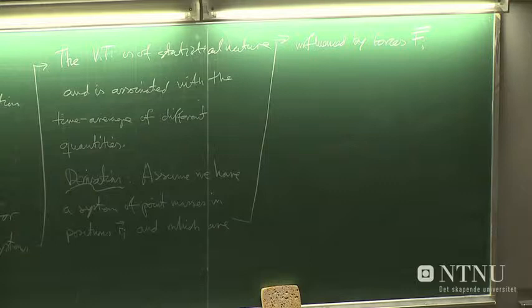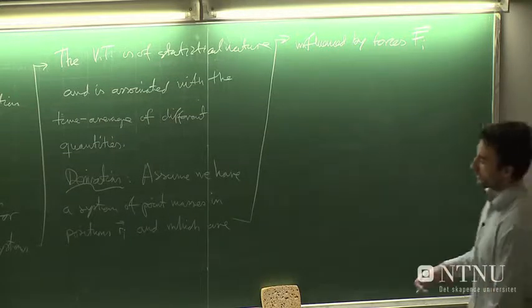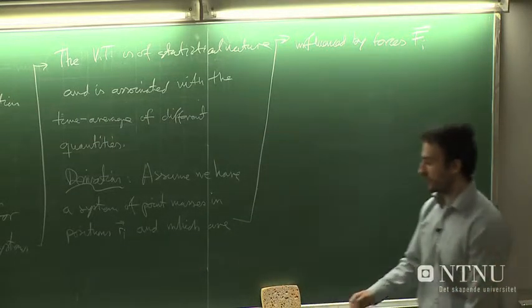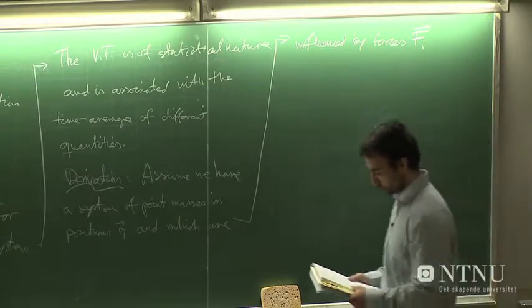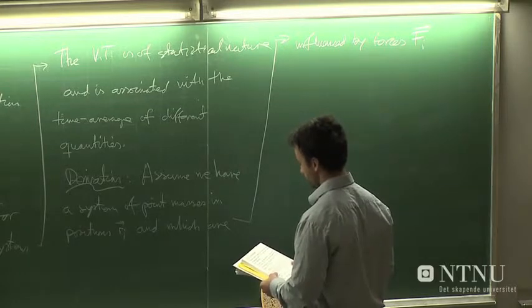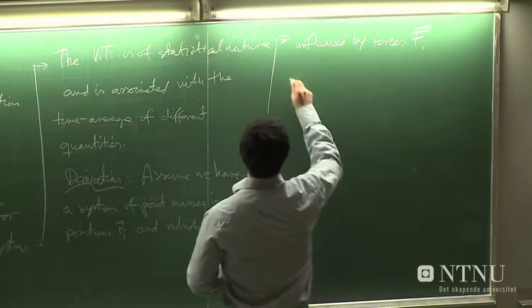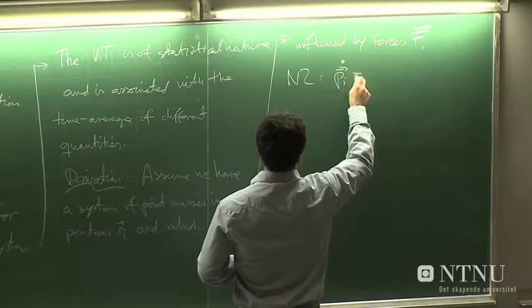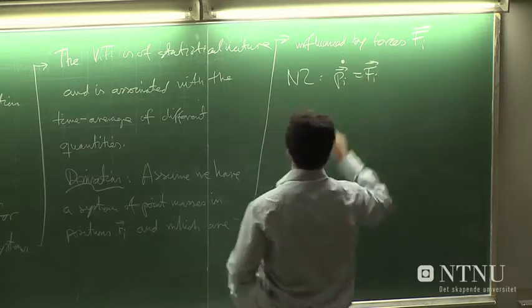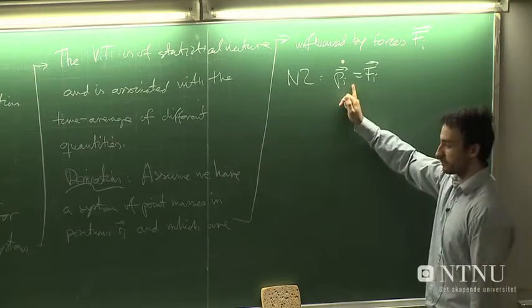We're saying that we have a system of point masses, or at least objects that can be considered as point masses for our purposes, in positions Ri, and that these masses are all affected by forces Fi. So the Fi is the force acting on particle i. Newton's second law can be written like this.